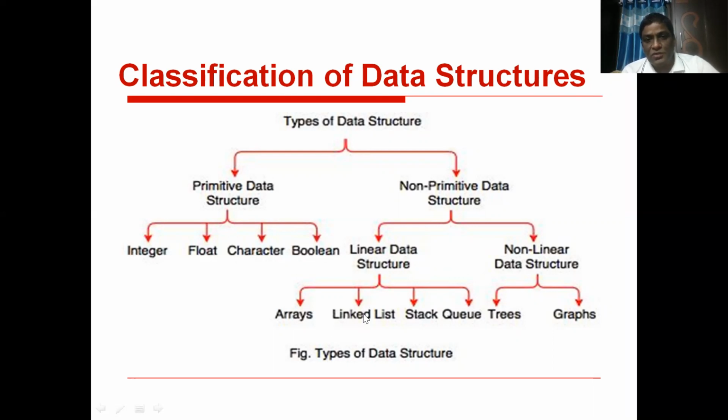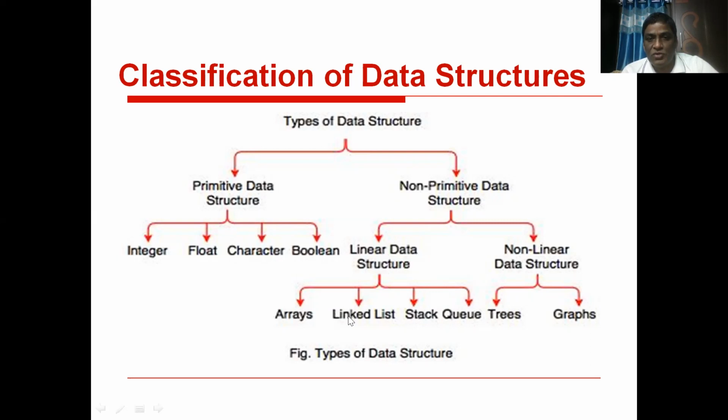So assume these two, arrays and linked list, as a representation of linear data structures as well as non-linear data structures. That means whatever data structure it is, either linear or non-linear, you can implement them either using arrays or using linked lists. I repeat again, irrespective of the type of data structure, we can implement them by using either arrays or linked list.